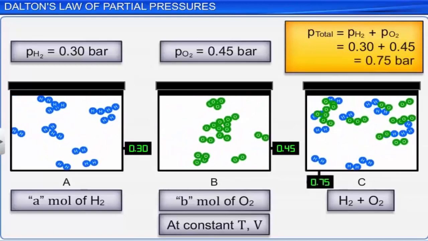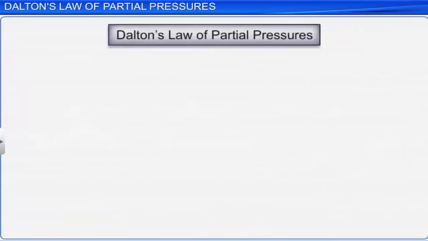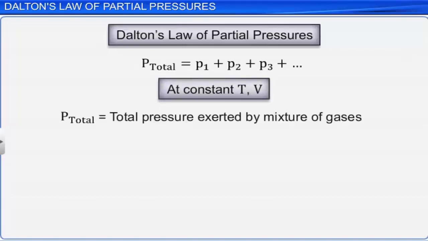Generally, Dalton's law of partial pressures can be written mathematically as P total is equal to P1 plus P2 plus P3 plus and so on at constant temperature and volume, where P total is the total pressure exerted by the mixture of gases and P1, P2, P3, etc. are partial pressures of individual gases 1, 2, and 3 respectively.